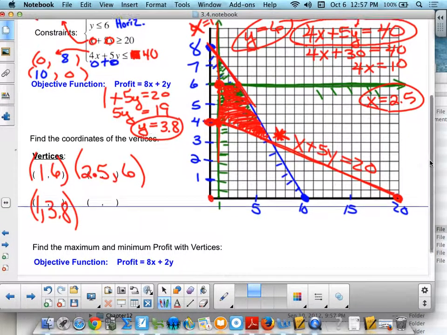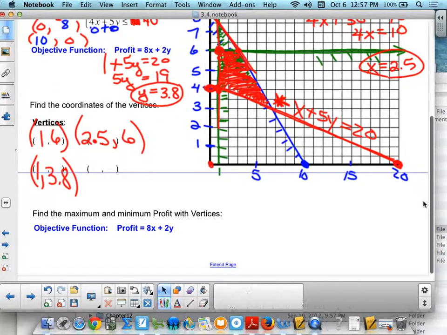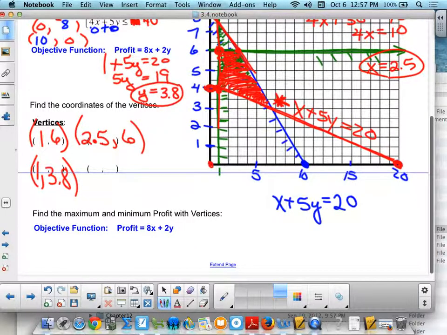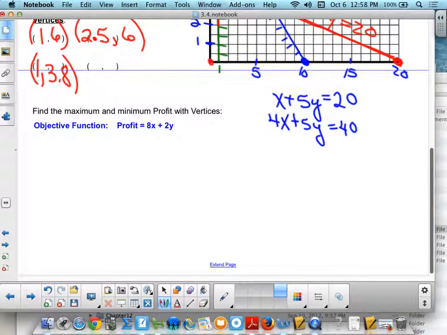This is the one where I would probably try elimination. x plus 5y equals 20 meets up with 4x plus 5y. Okay, so those two meet up. Where do they intersect? Which method?